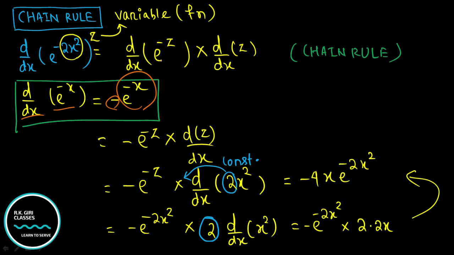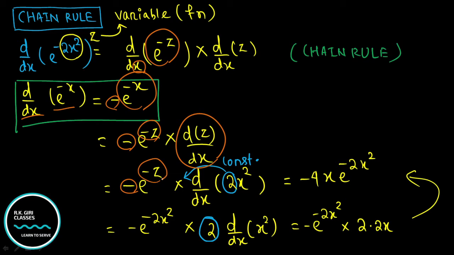So the derivative of e to the power minus z with respect to x will be minus of e to the power minus z, and this is dz by dx, that will be minus e to the power minus z d by dx of 2x square. This is a constant, it never undergoes differentiation or integration, so you put this constant outside of the differentiation.